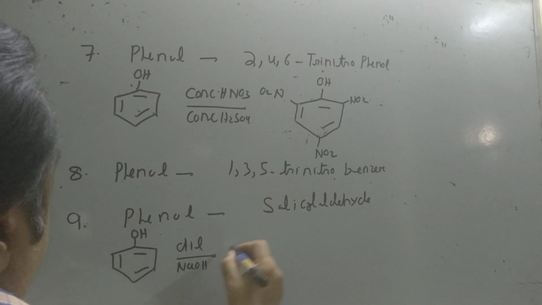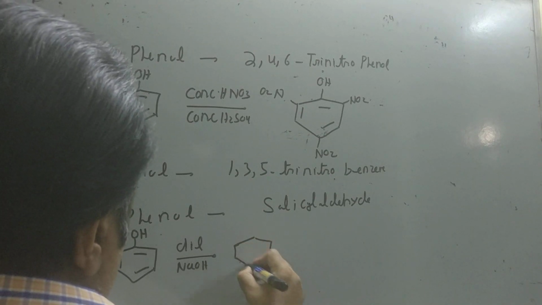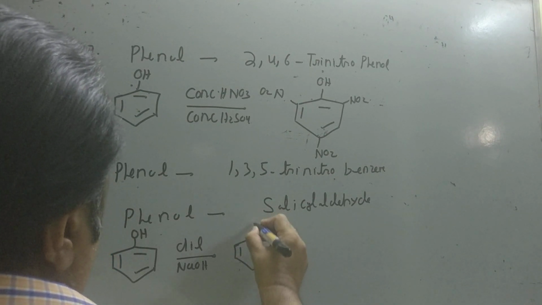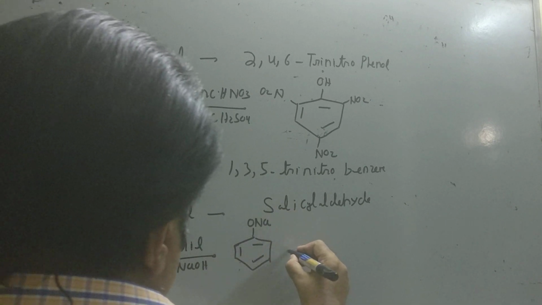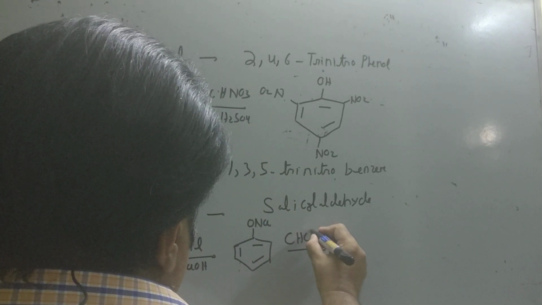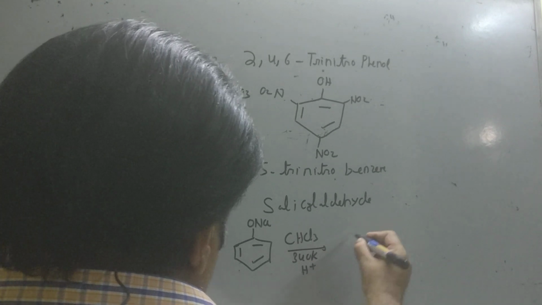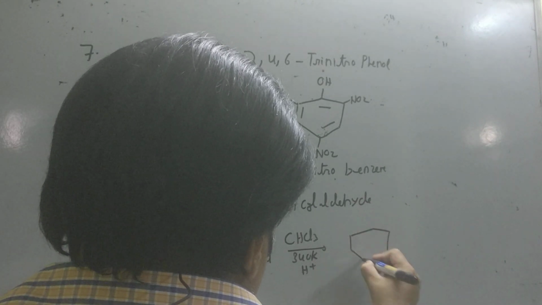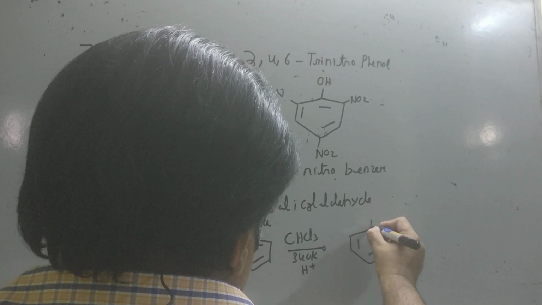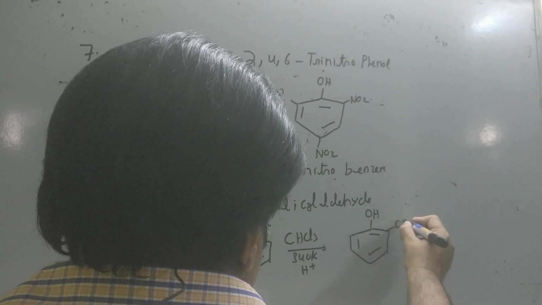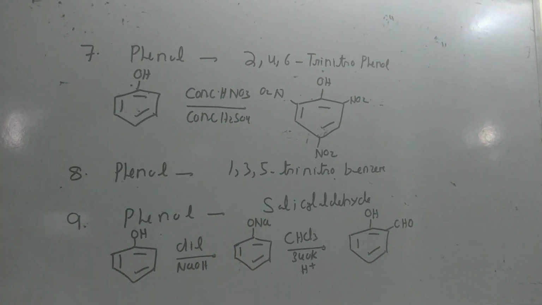You know, phenol doesn't dissolve readily in water, so we dissolve because of its acidic nature. We are going to put in dilute NaOH. You will get sodium phenoxide. You put chloroform, 340 Kelvin, followed by acidification. You are going to get none other than salicylaldehyde, a direct application of Reimer Tiemann reaction.